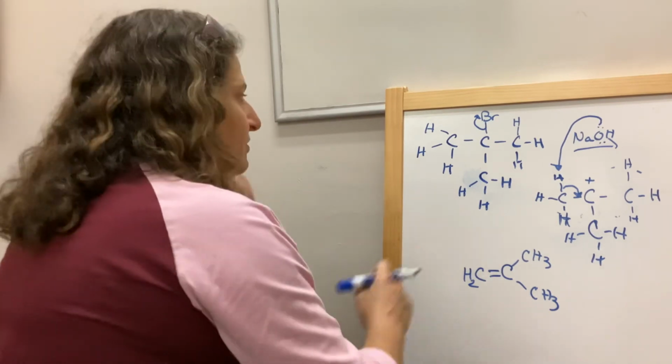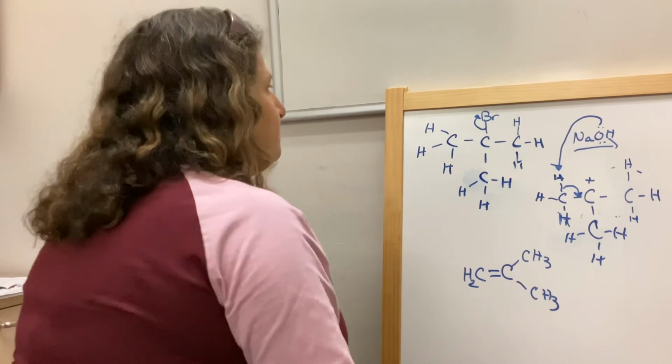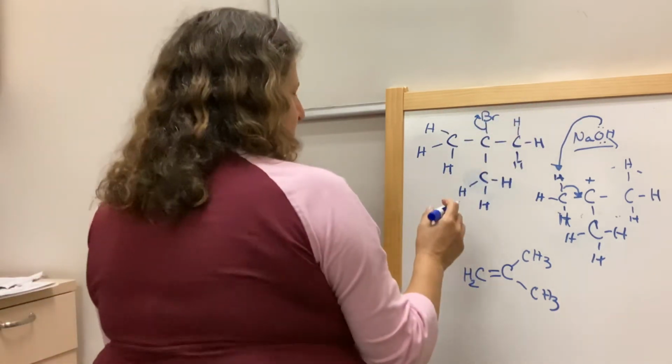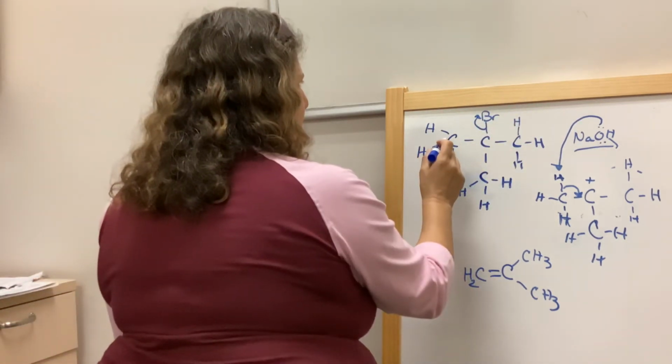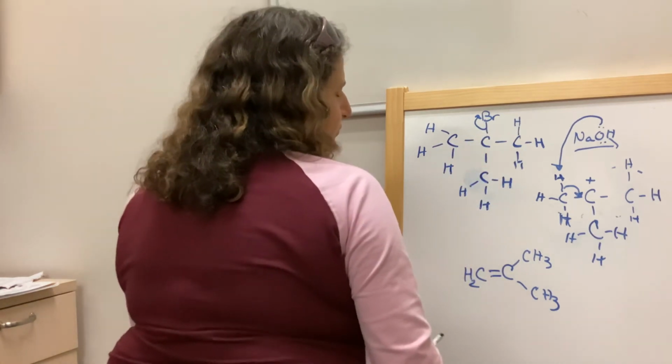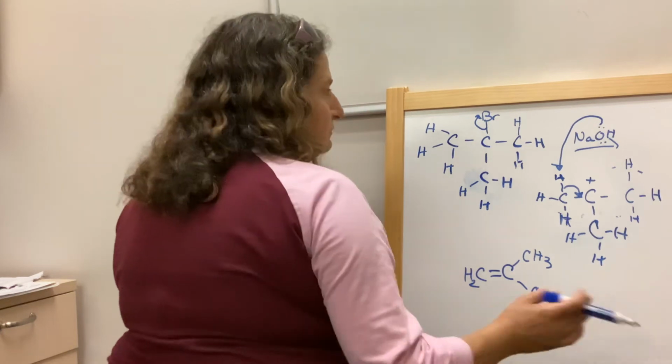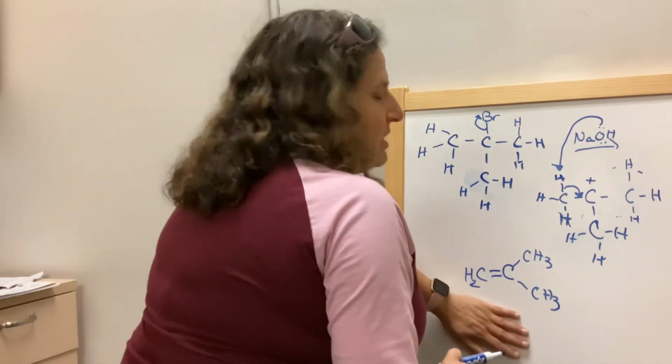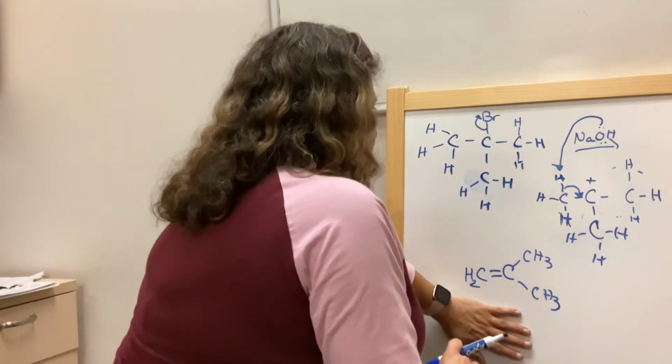And in this case, when I'm talking about tert-butyl bromide or bromo-tert-butane, or if you want to do the IUPAC, it would be 2-bromo-2-methylpropane, it doesn't matter. We would always get the same product.